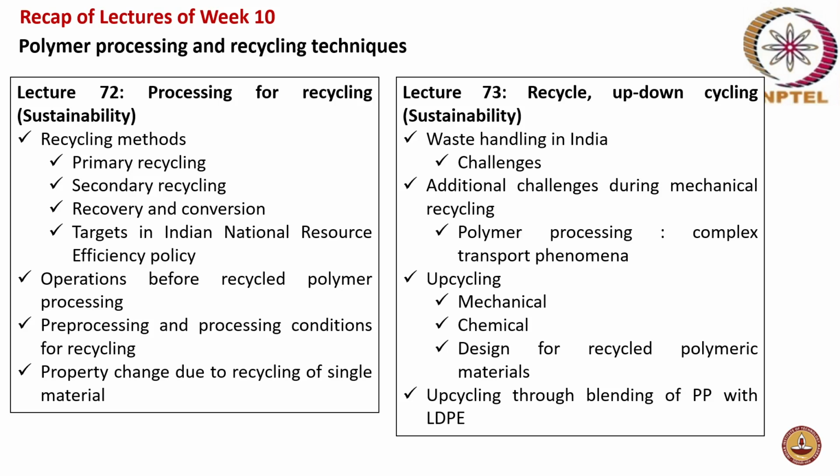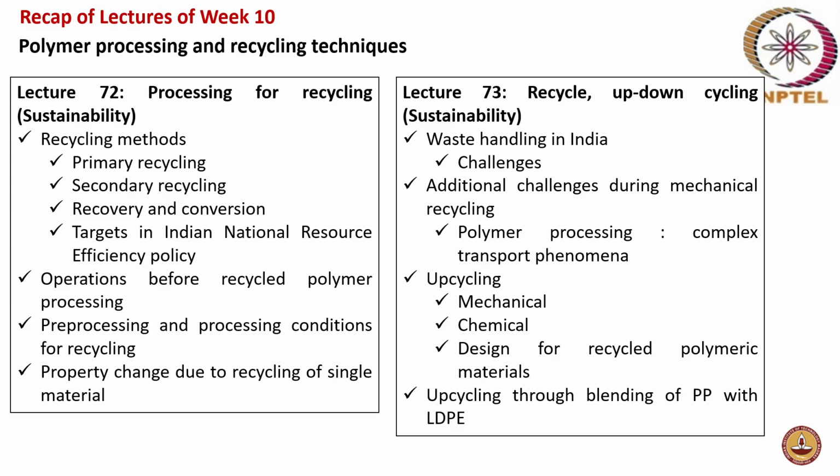Okay, and then what happens to the properties due to recycling of a single material? Here we saw that even if one type of polymer is recycled, due to multiple recycling there can be a degradation in properties, or properties like viscosity may build up, which is not actually desired.